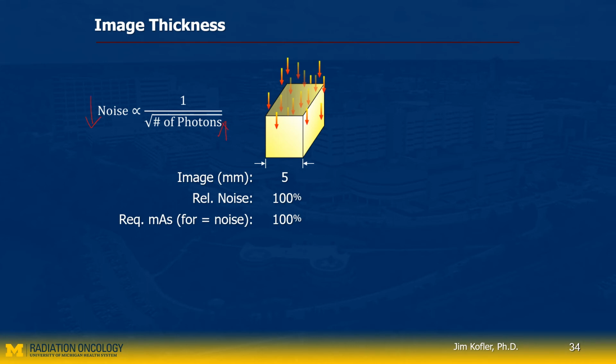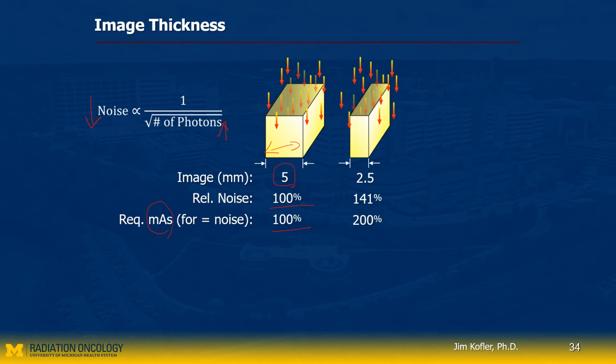So in this example, I have a slice thickness of 5 millimeters. Let's define this relative noise. This is our norm, so you have 100% relative noise, and the required current, which in other words can be a number of photons, let's define as 100. Then let's compare to other situations.